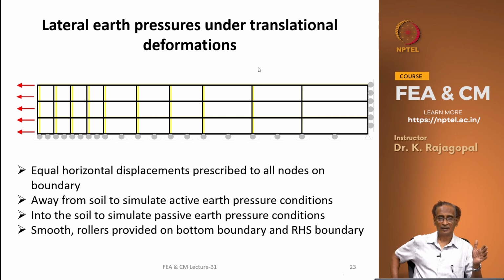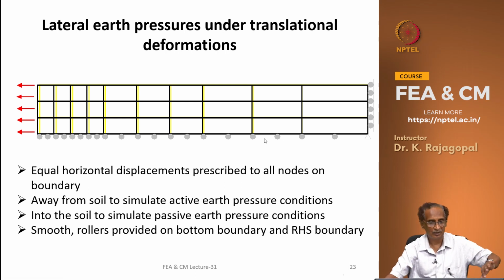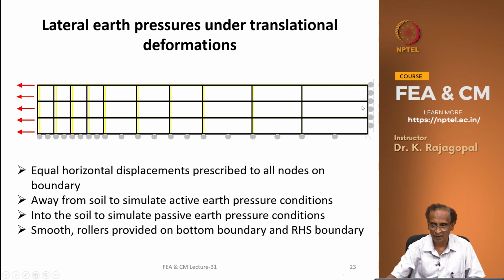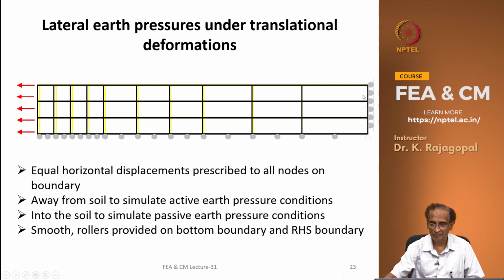Rankine has assumed lateral translational type deformations, and we can simulate this by placing some depth of soil, and then we place the rollers all along the horizontal surface, so that we have only a smooth lateral deformation, and then we take the boundary at a far off place, and then place rollers on them, okay.